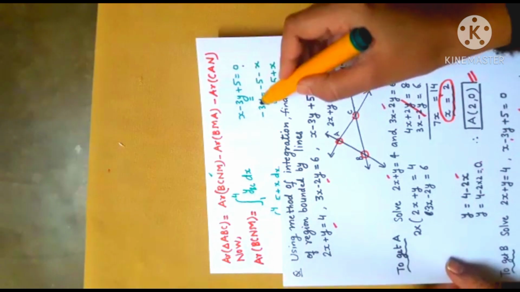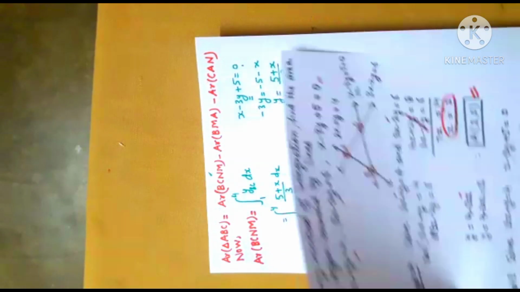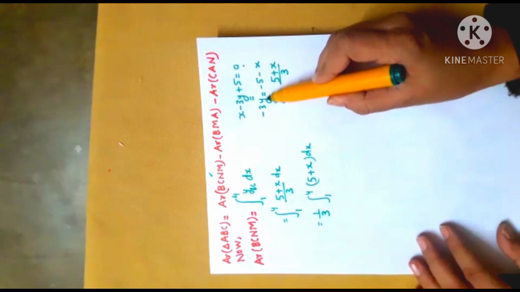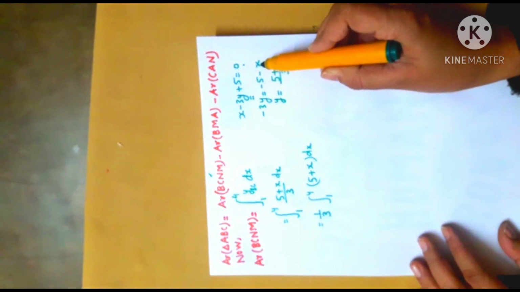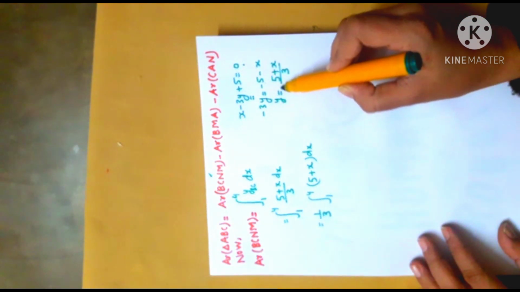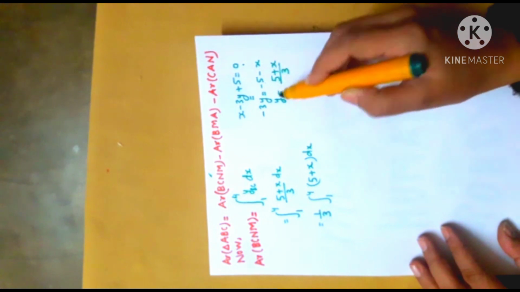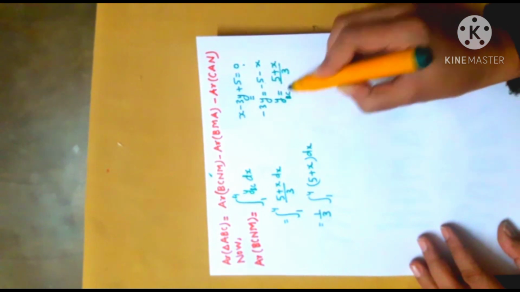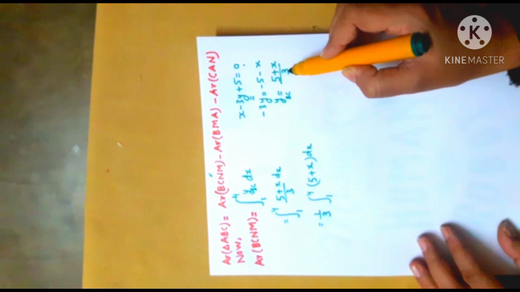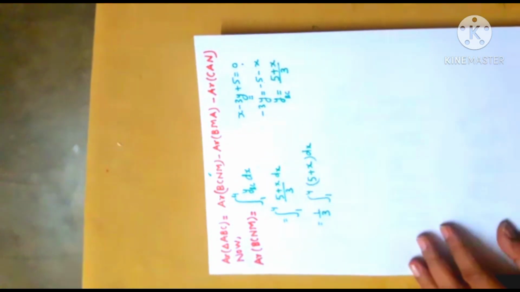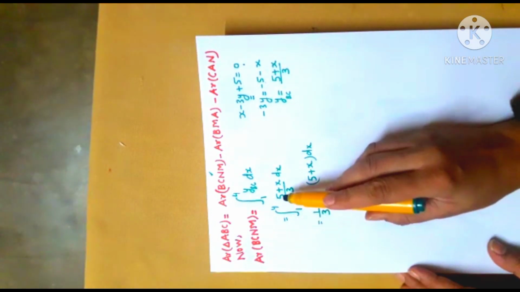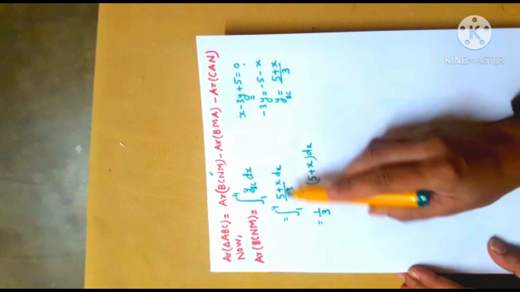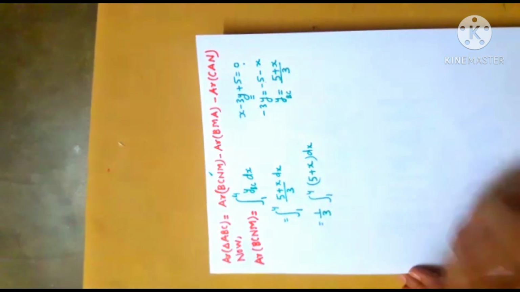From here, I'll get the value of y. So minus 3y is equal to minus 5 minus x, so y is equal to (5 plus x) over 3. So y of BC is (5 plus x) over 3. I'll put this value here.